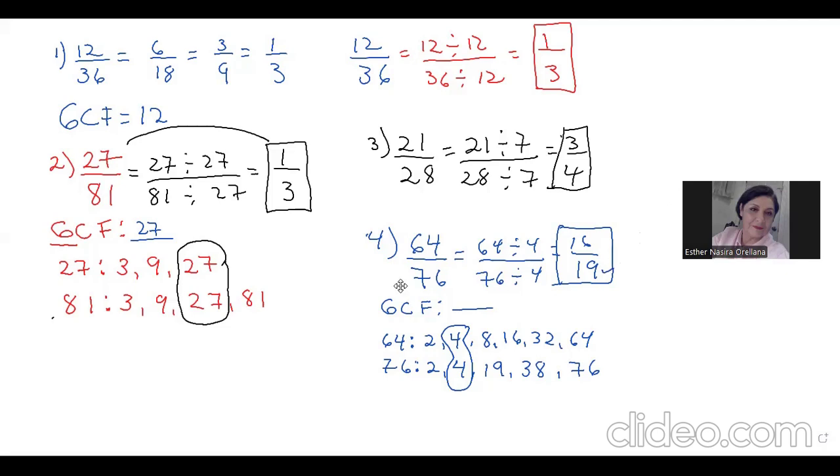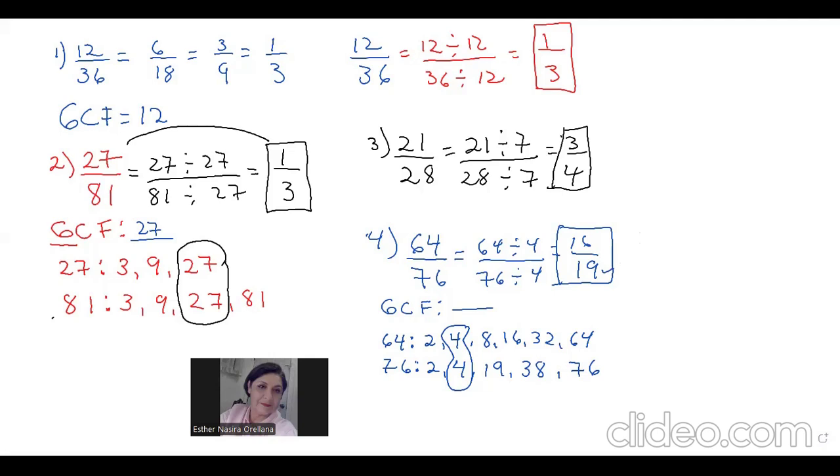Let's do some other examples. Let's do an easy one. Number 5. Number 5 is 12 over 96. 96 is 8 times 12.